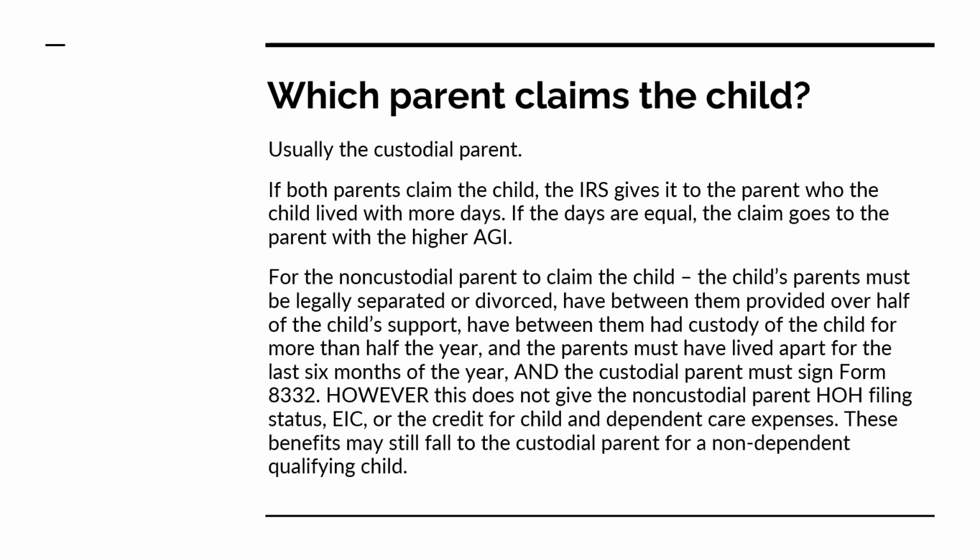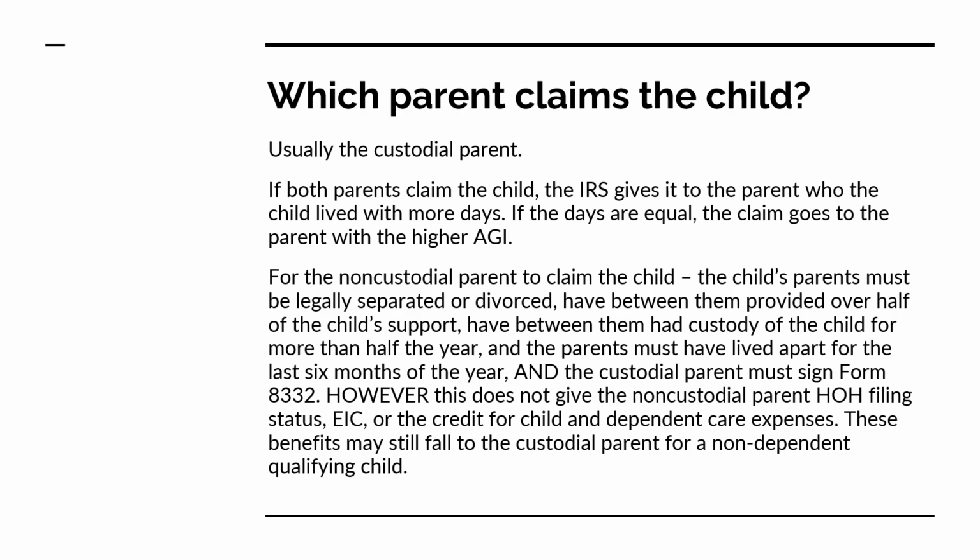And now we'll look at the case of which parent claims the child in the event that the parents are not living together or not married. Typically, it's the custodial parent who claims the child. After that, they get very nitpicky about the rules with this, and you can tell that that reflects some very nasty divorces.